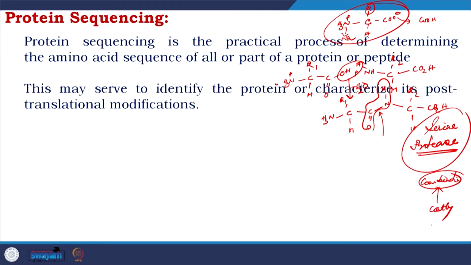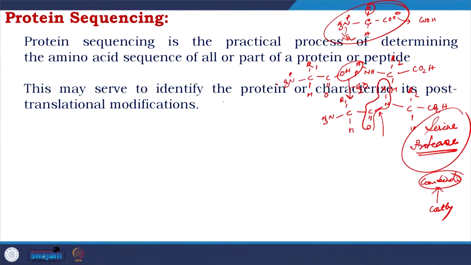This may serve to identify the protein or characterize its post-translational modification. I did not talk about it, but I will try to explain when I go into the protein part. The protein is synthesized in the ribosome by covalently linking the amino acids, but after the process of synthesis, which is called translation, there are enzymes in the cell, in the body, which could modify the protein.